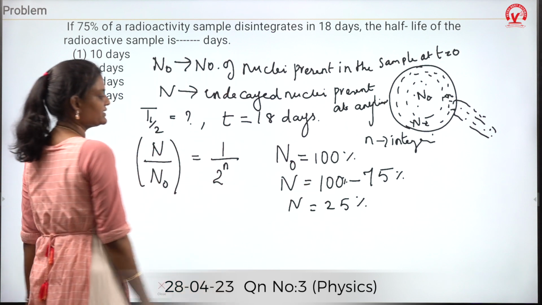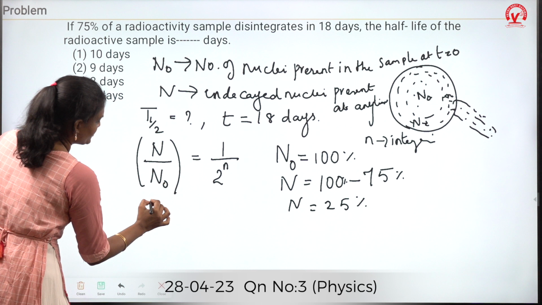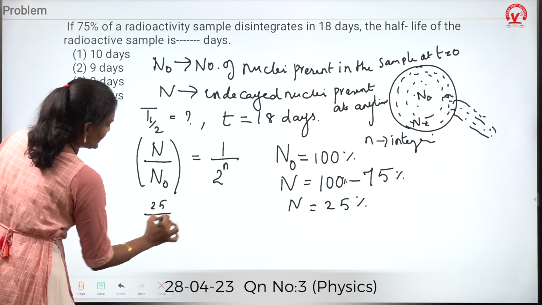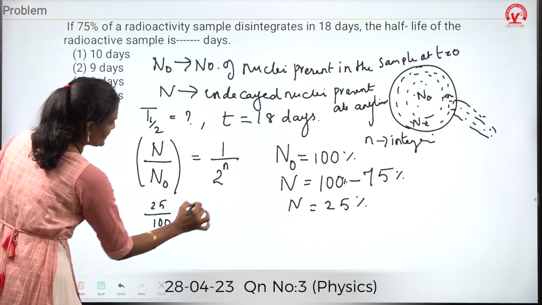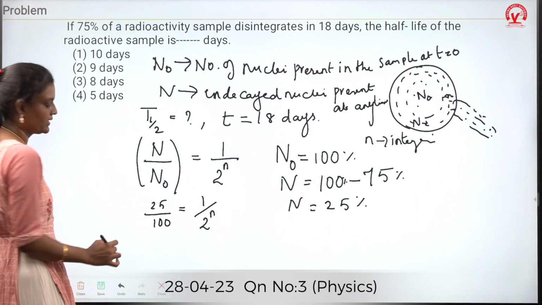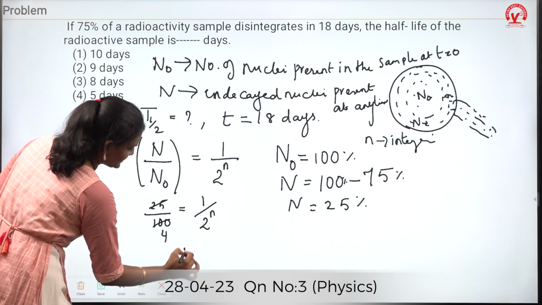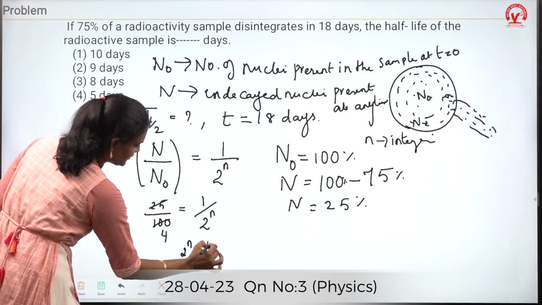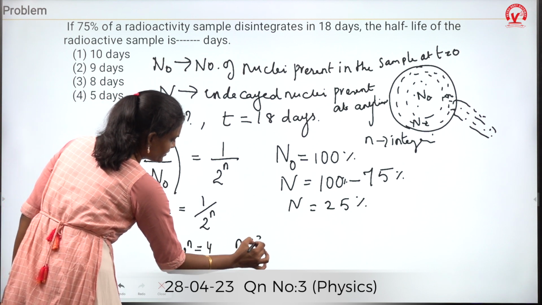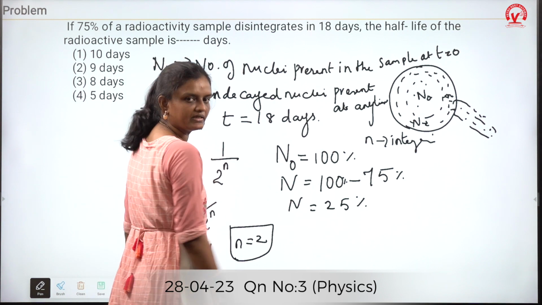So N is 25%. Substituting, 25 divided by 100 is equal to 1 by 2 power n, so 2 power n is equal to 4 and n is equal to 2. We got the value of n, an integer.